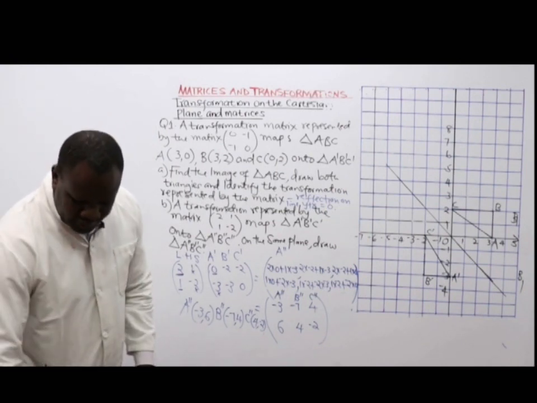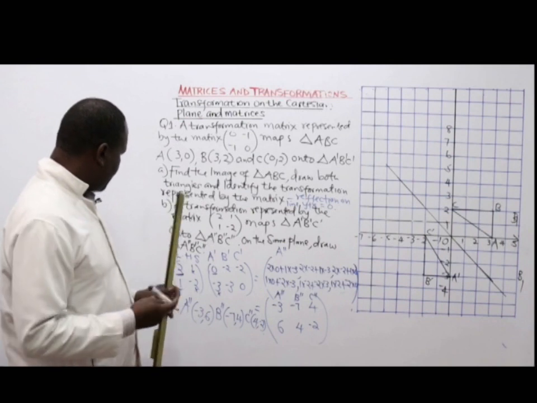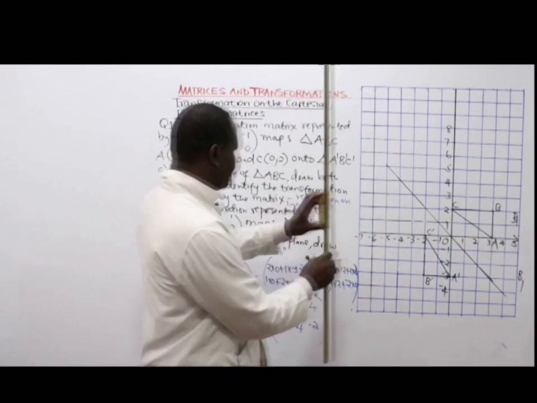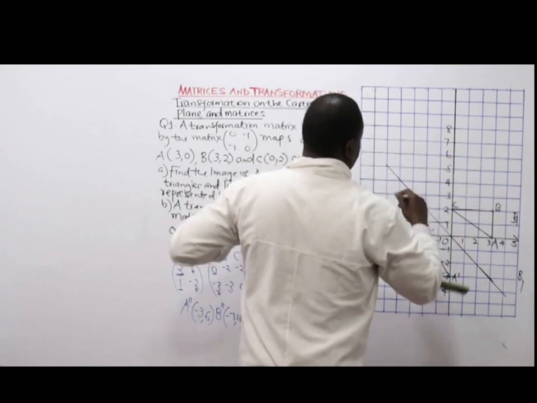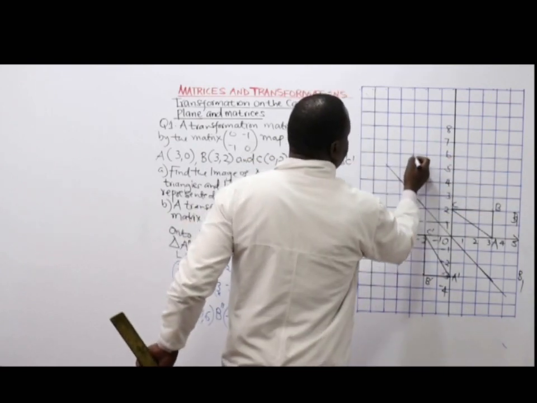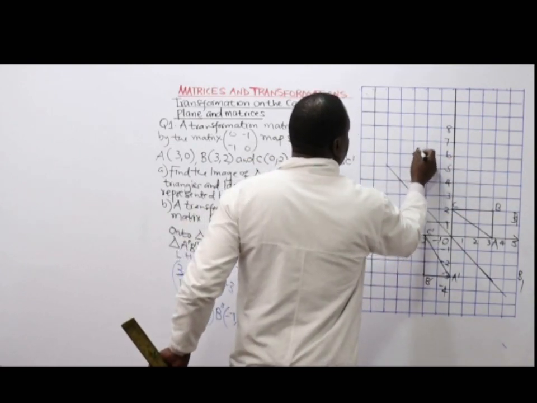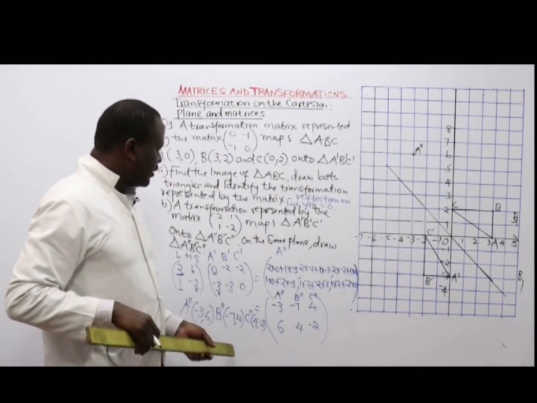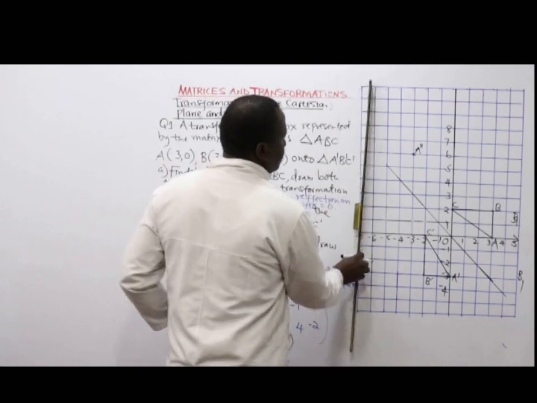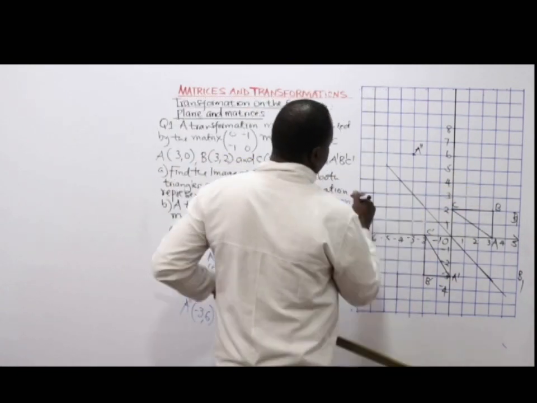So then we plot -3, 6. Here, -3, 6. That. -7, 4. -7, 4. We meet here.